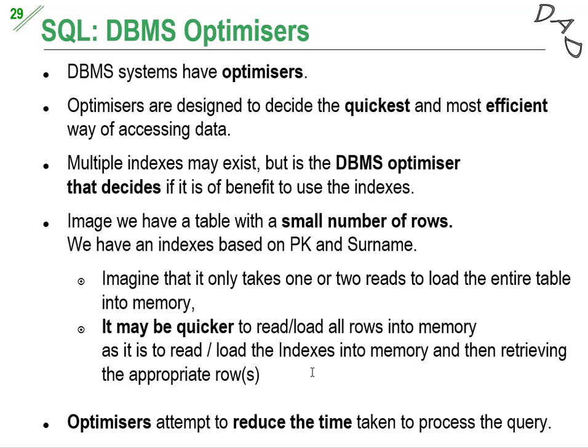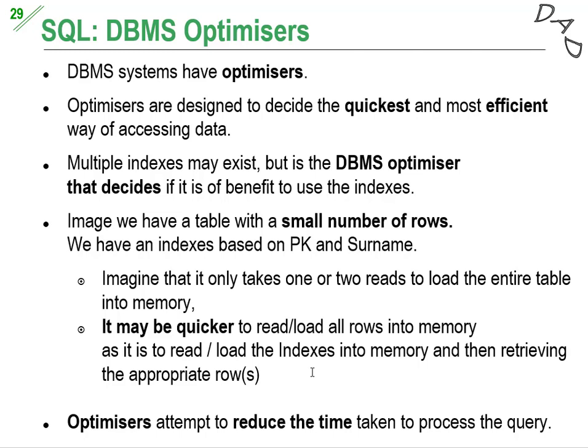Because if you use an index for a small table, for example with only 100 records, it does not reduce the retrieval time, because we need to update the index before we retrieve anything.